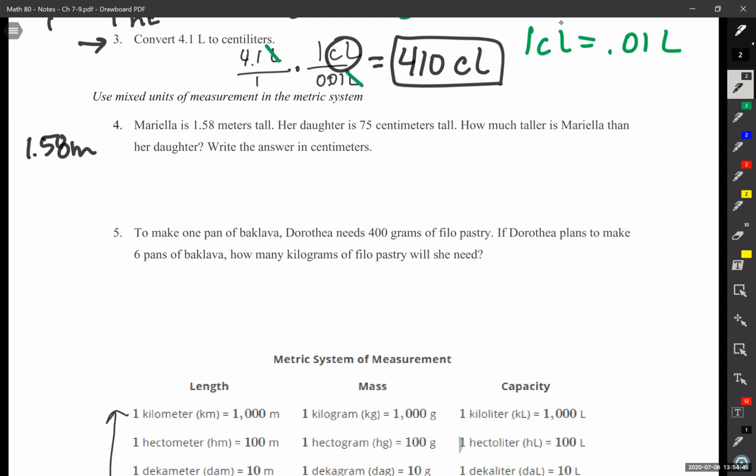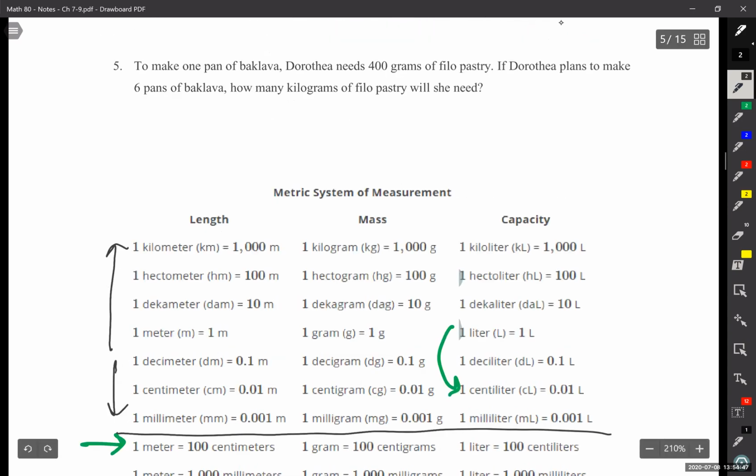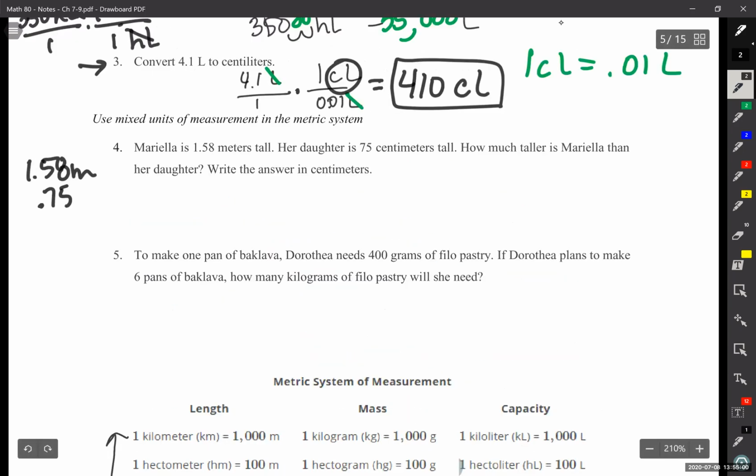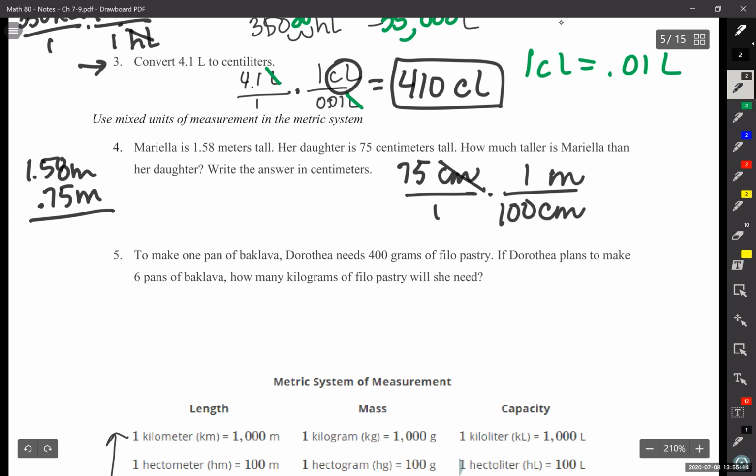Looking at this chart, 75 centimeters would be 0.75 meters because we're just dividing by 100. Let me do that again. 75 centimeters: I'm going to get rid of centimeters and introduce meters. So 1 meter equals 100 centimeters, and I can see that I need to do 75 divided by 100.